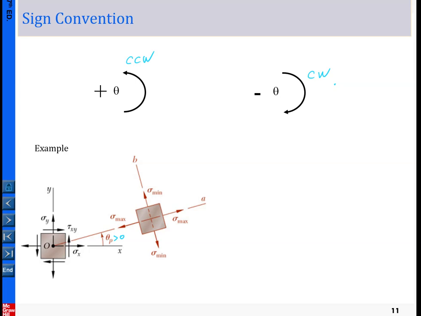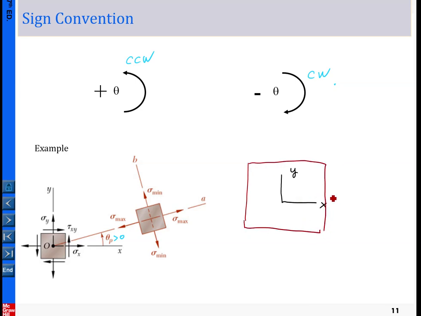And one more thing before we go. Usually when we do the analysis, we first pick our coordinate system, and then based upon the coordinate system, we pick our stress element.